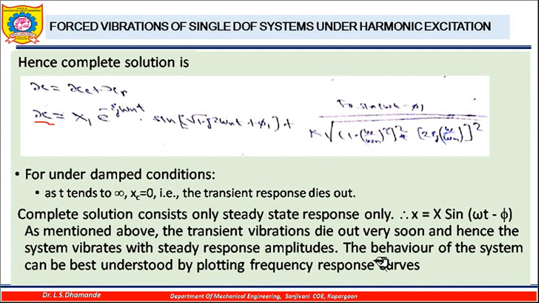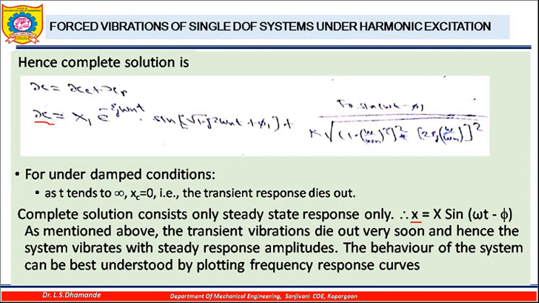The behavior of the system can be best understood by plotting the frequency response curves. That means we have to see how, with respect to this omega by omega n ratio, you will get the displacement or amplitude of this vibration.